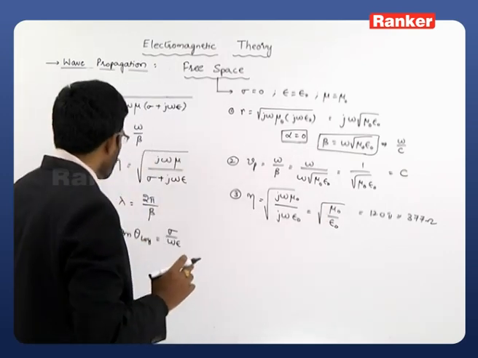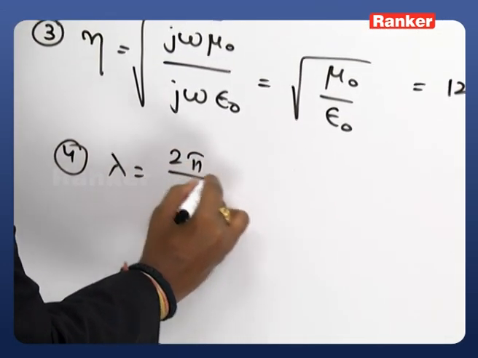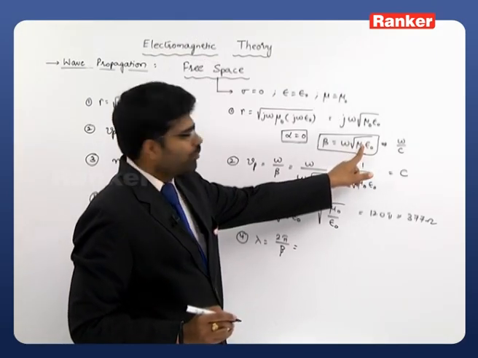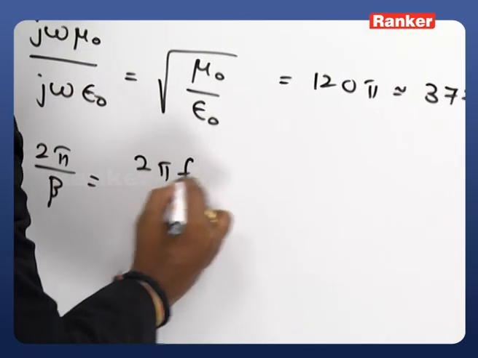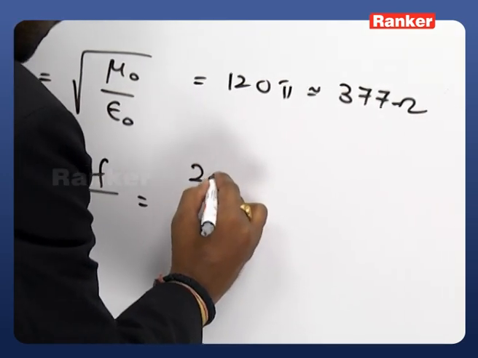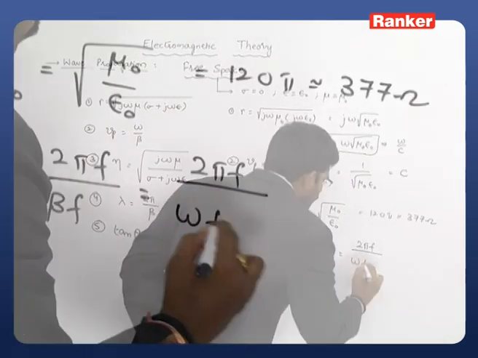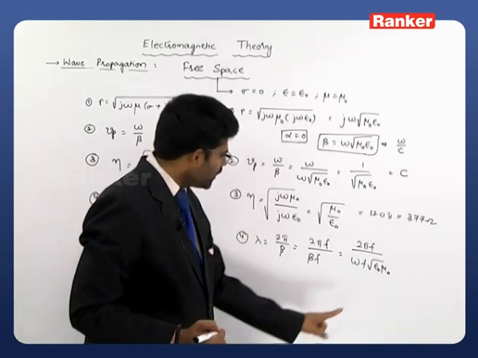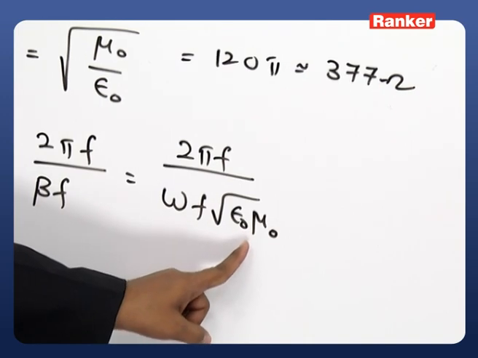In the same way, go for the wavelength. Wavelength lambda is equal to 2 pi by beta. Beta is equal to omega under root mu naught epsilon naught, so this is 2 pi f divided by omega under root epsilon naught mu naught. 2 pi f is omega, omega will be cancelled, 1 by under root mu naught epsilon naught is c.